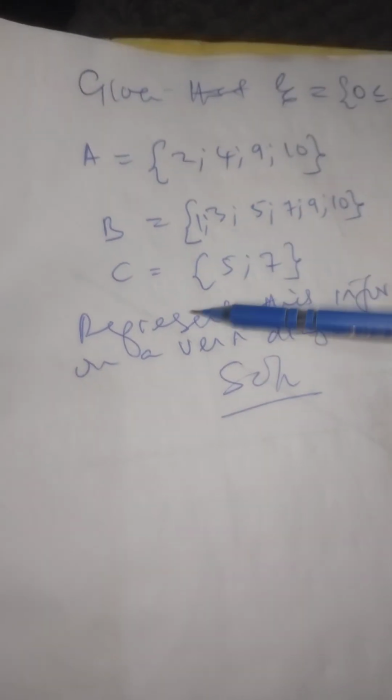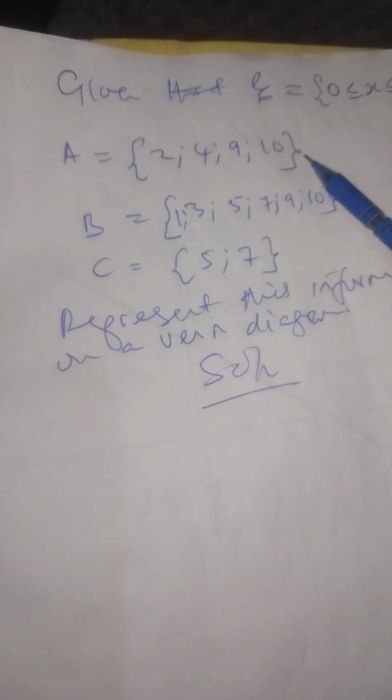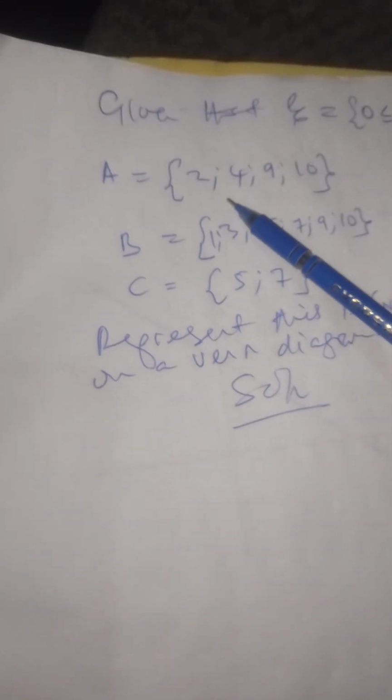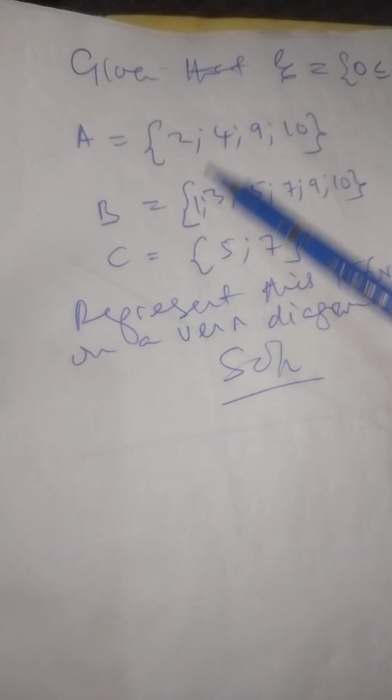So first of all, study, is there anything found in A, B, and C? A: 2, 4, 9, 10. So in A and B we have 9 and 10. Then A and C, there's nothing common.